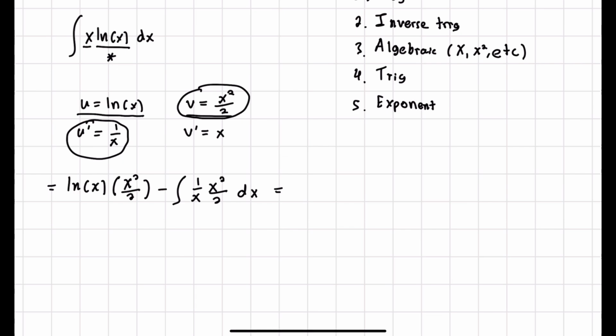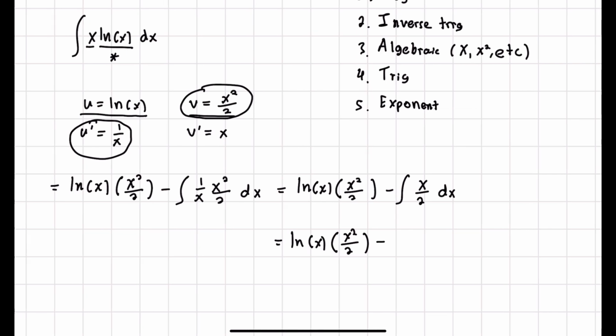So ln x times x squared over 2 minus the integral of x over 2 dx. The antiderivative of x over 2 is x squared over 4 plus c. And here is our final answer.